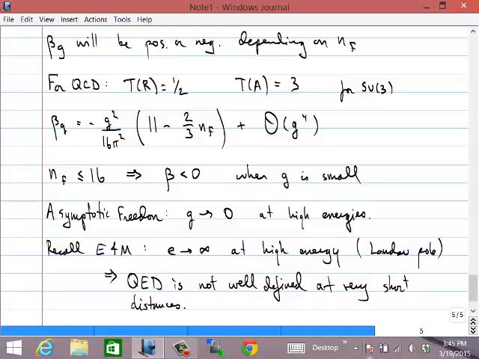And in particular, unlike electrodynamics in QED, where perturbation theory is good at low energies but fails at high energies, in QCD, for example, perturbation theory is great at high energies, but it fails at low energies.